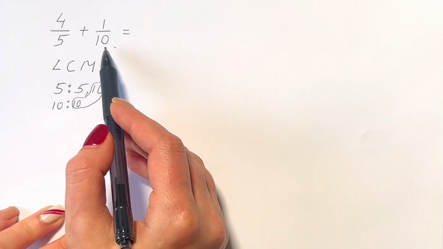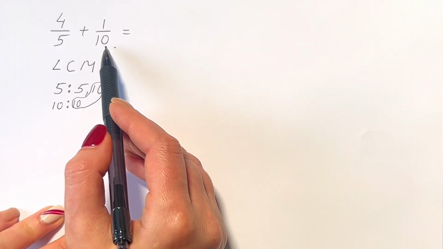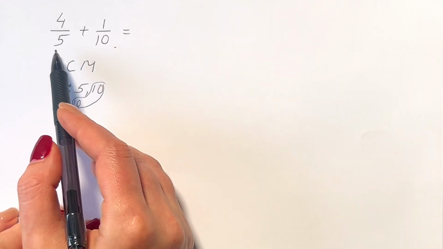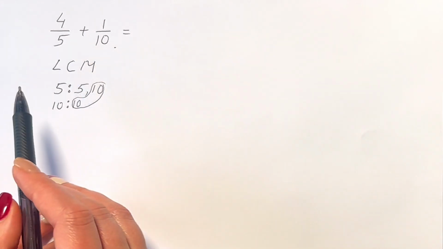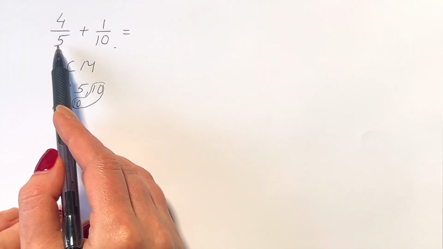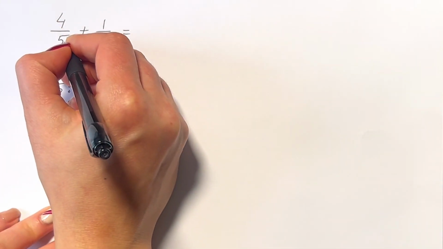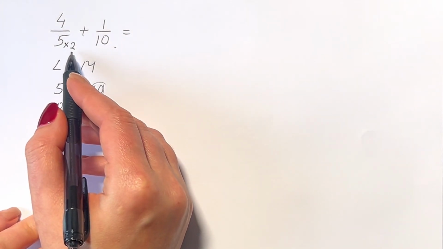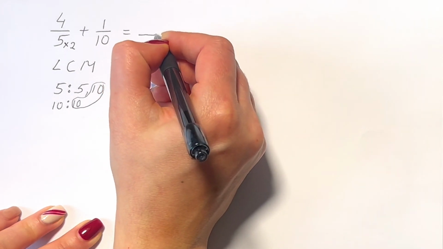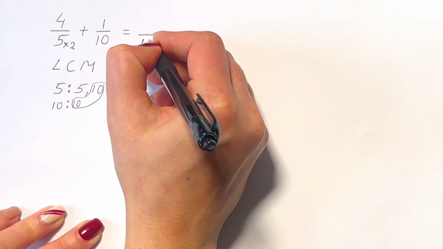So the second denominator is already 10. I'm going to make the first fraction's denominator 10. How to do that? How to make the 5 a 10? I'm just going to multiply by 2. 5 times 2 is 10. So now my first fraction's denominator is 10.